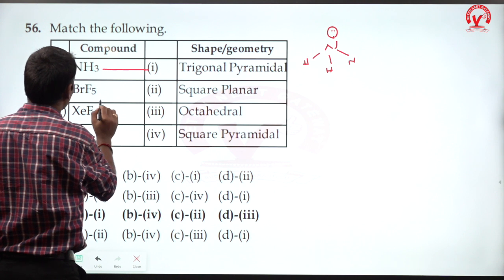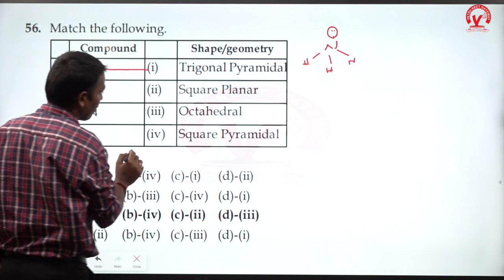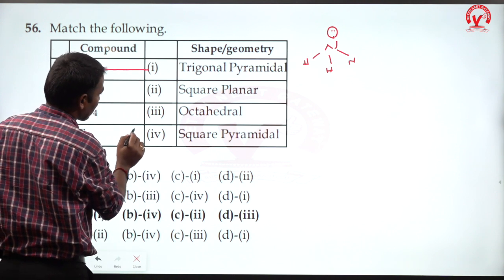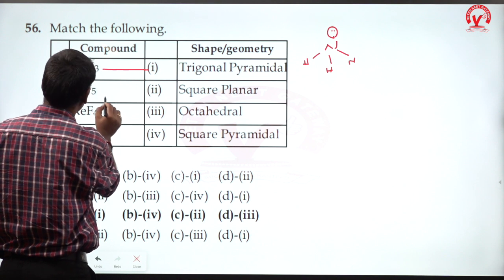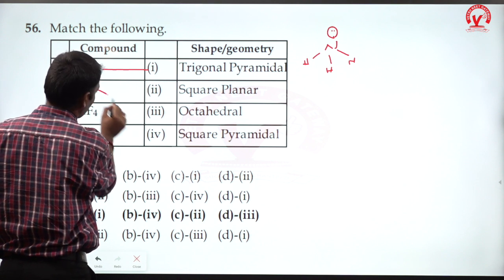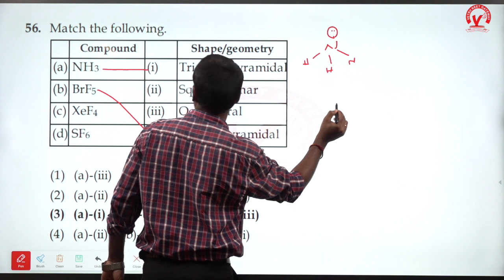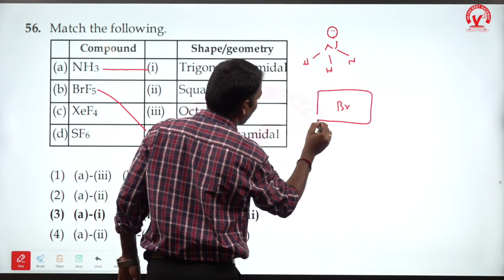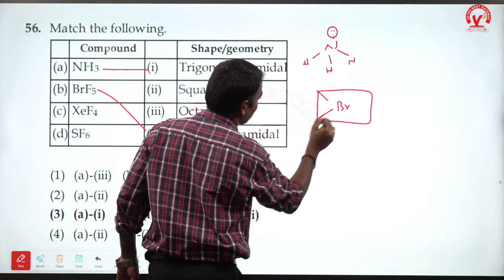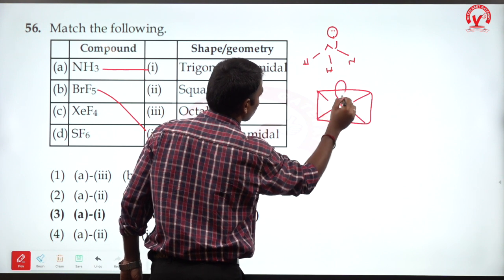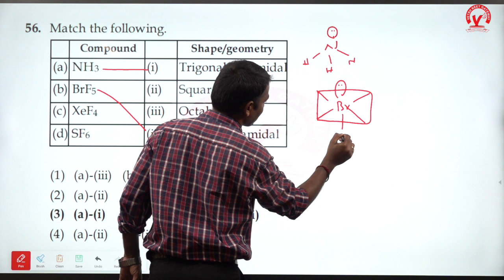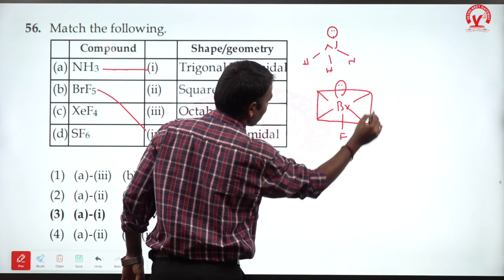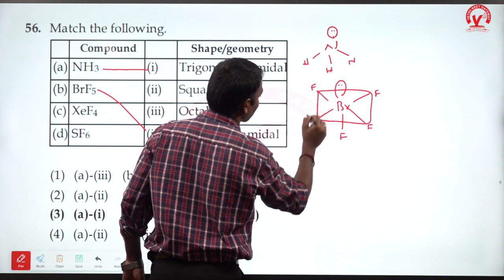BrF5 is a square pyramidal structure; we have to take a square pyramidal structure, we can draw it like this. This is the square pyramidal structure.